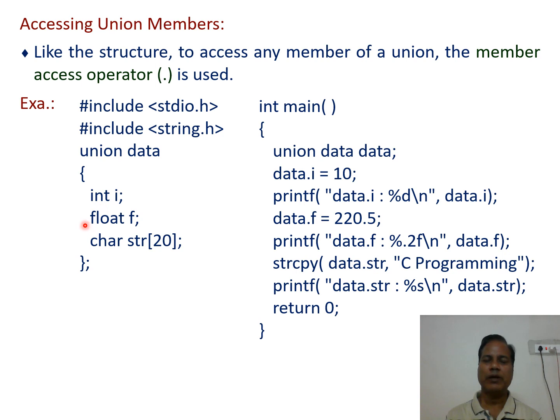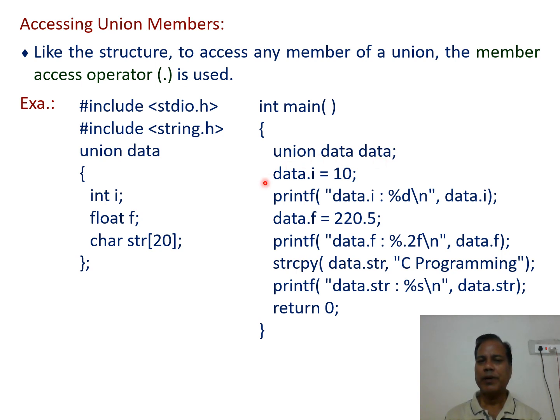The second statement float variable f, and the third statement character variable str that can contain 20 characters. So this is the definition of the union Data. Then in the main function, the first statement union Data data; using this statement we declare the union variable data.